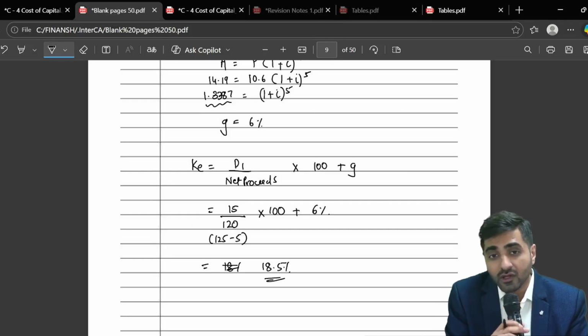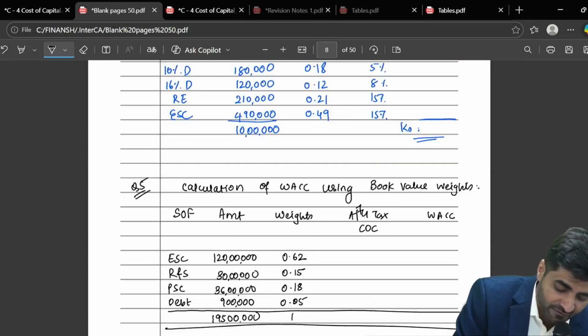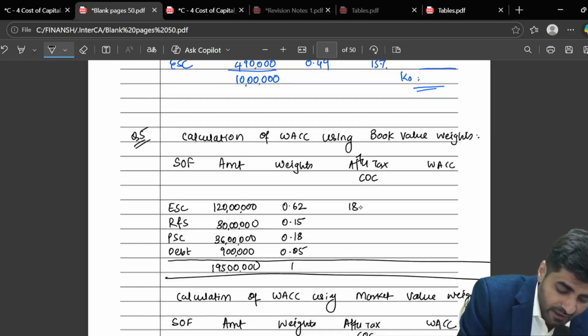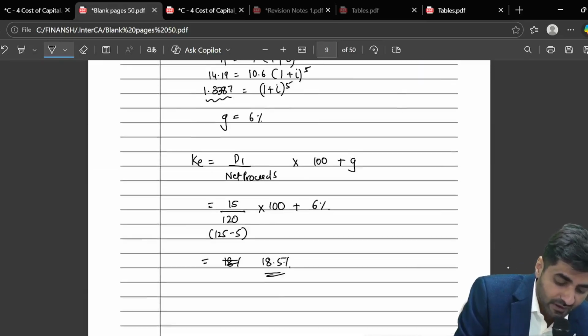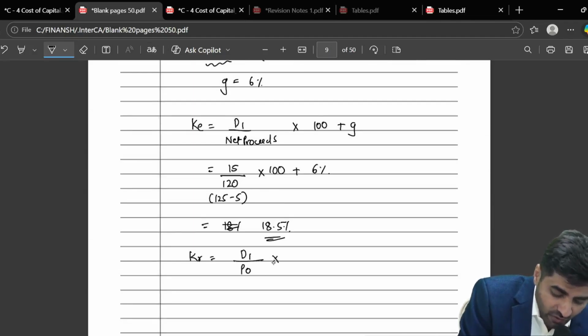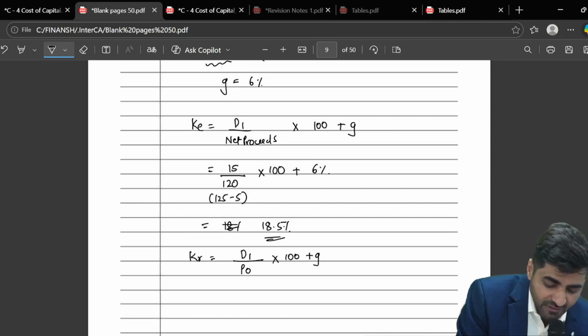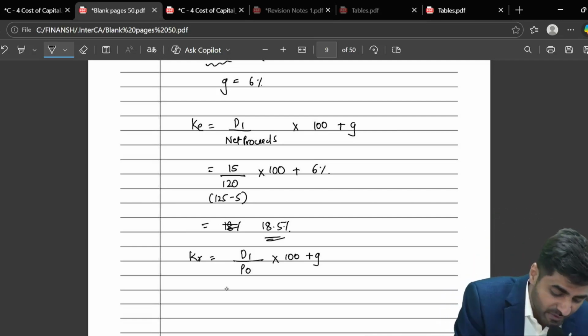So now I have got my KE. Can I substitute KE as 18.5? Yes, 18.5. Let's talk about KR. In the KR calculation, I will take D1 upon P0 into 100 plus G. That's how I'm going to calculate it. So what's your D1? 15.